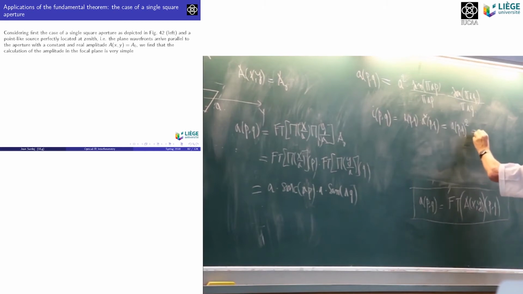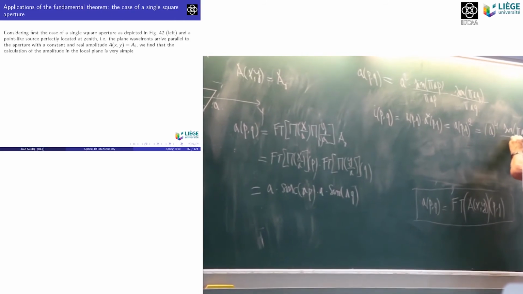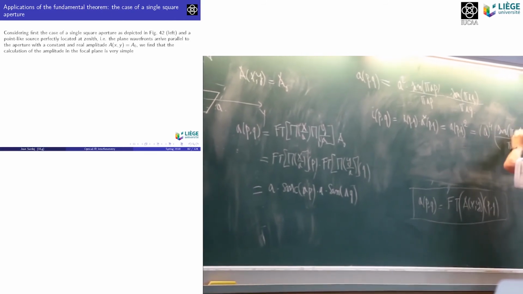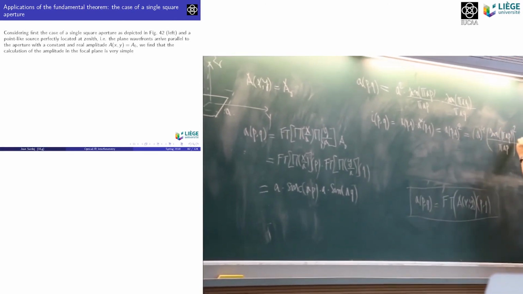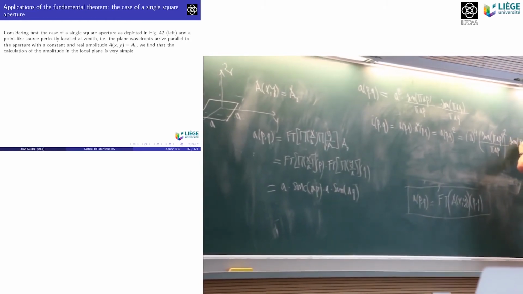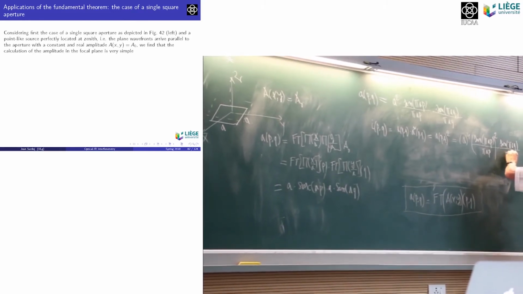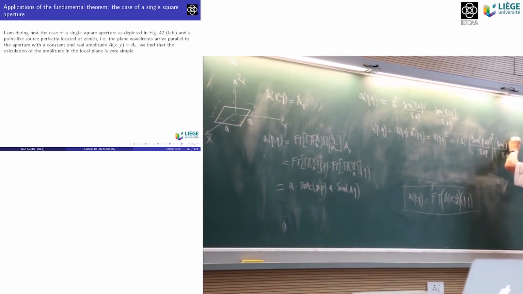So it will be equal to a to the power 4 times the sine of pi aP divided by pi aP squared times the sine of pi aQ divided by pi aQ squared.